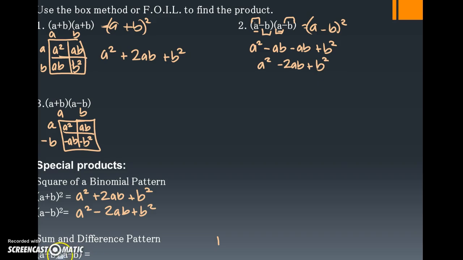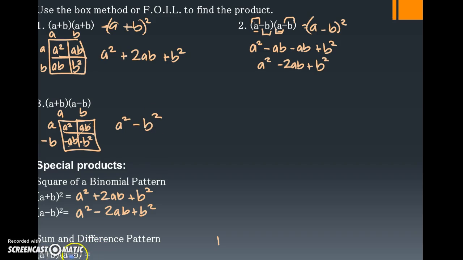And then you have your sum and difference one, and that is going to be a plus b times a minus b. Oh, my bad, I didn't finish this. This is a squared. ab minus ab, well, that's 0ab. So that kind of cancels each other out. And so what I'm left with is minus b squared. This is a very, very special product. You'll use this a lot.